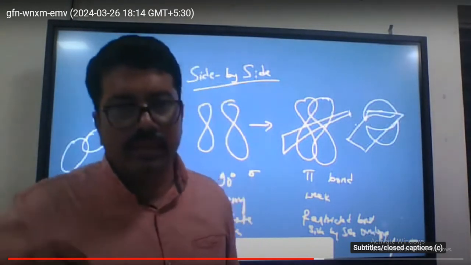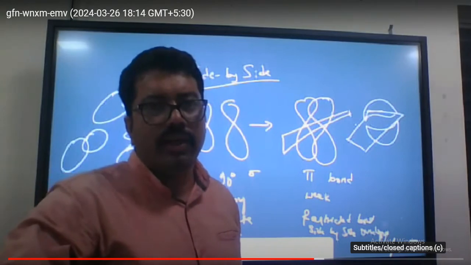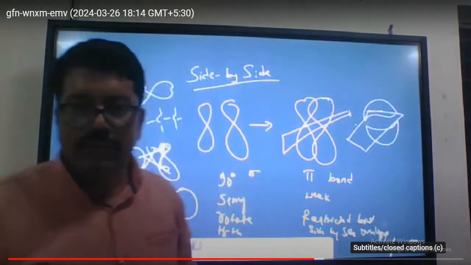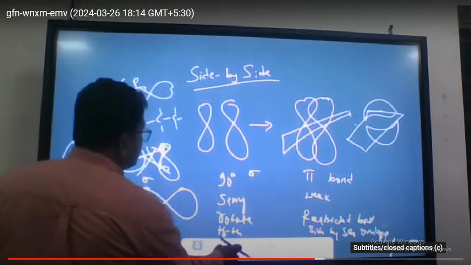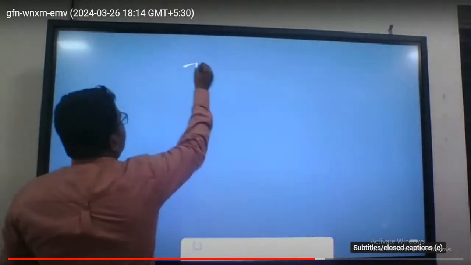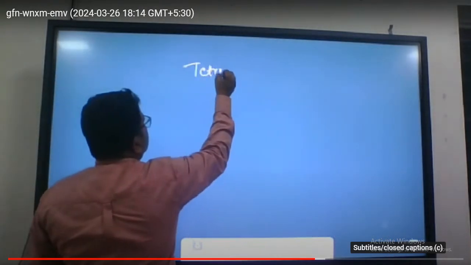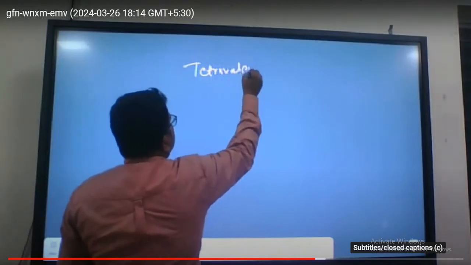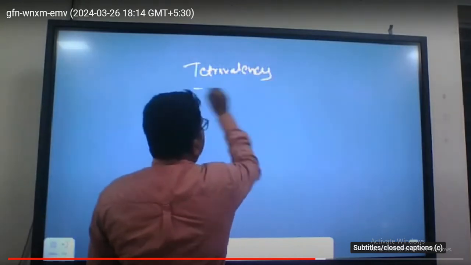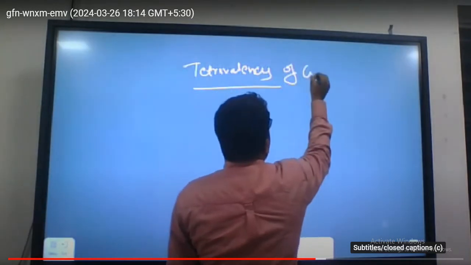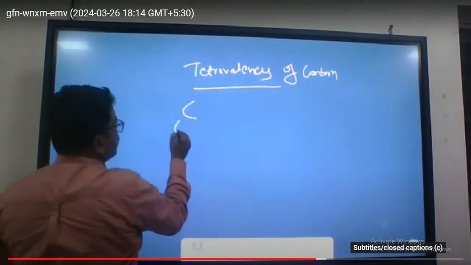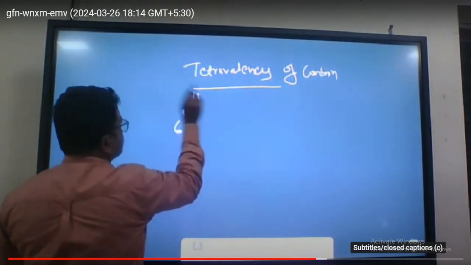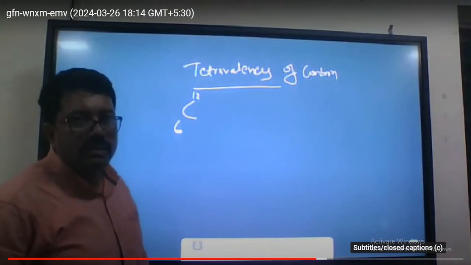So next, tetravalency of carbon in organic compounds. See, we know carbon has atomic number 6 and mass 12. Right?